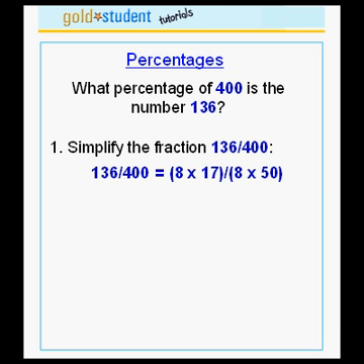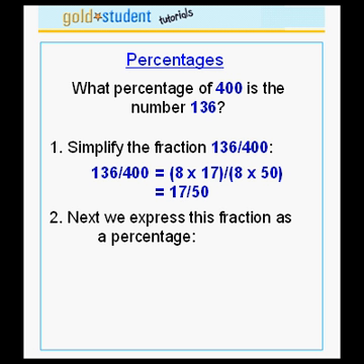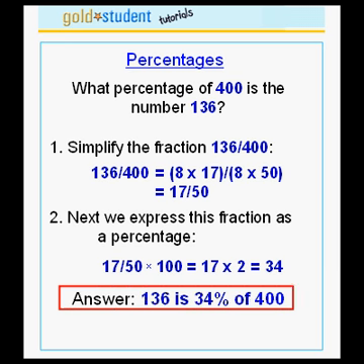Canceling the common factor of 8, this is the fraction 17 over 50. We now want to express this fraction as a percentage. So we take the fraction 17 over 50 and multiply it by 100. This is simply 17 times 2, which is equal to 34. Therefore, 136 is 34% of 400.